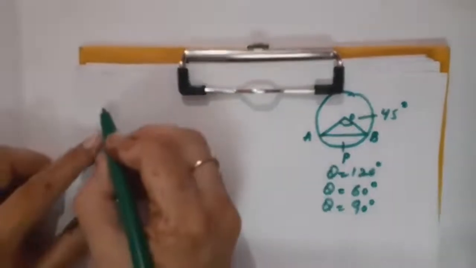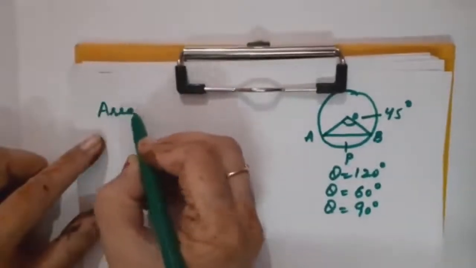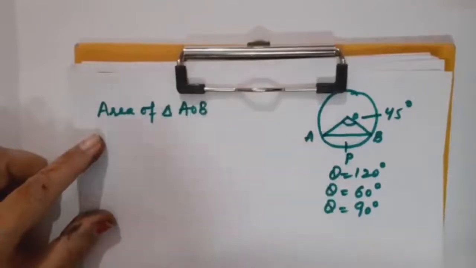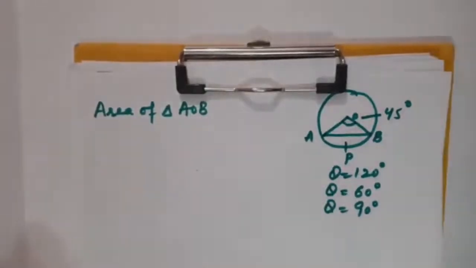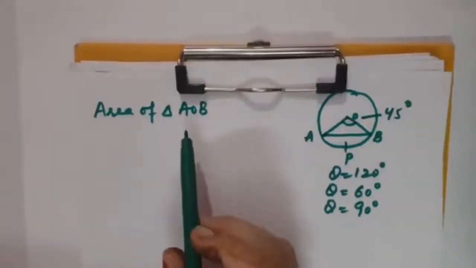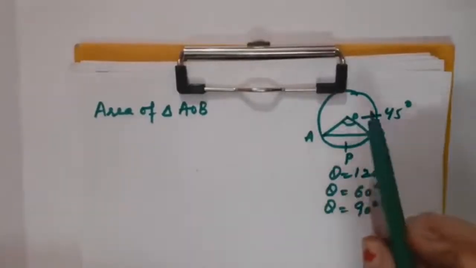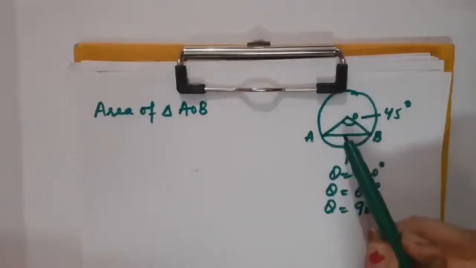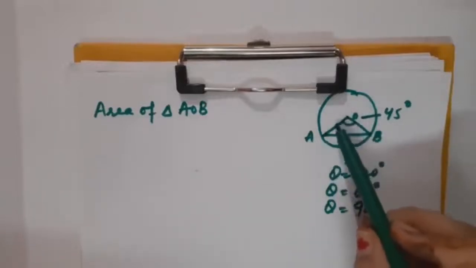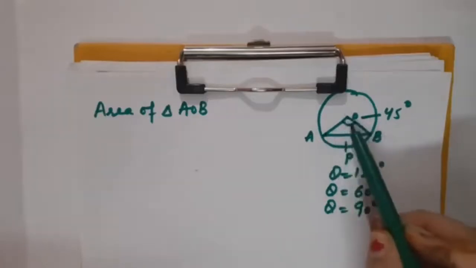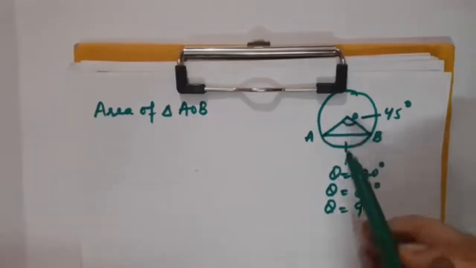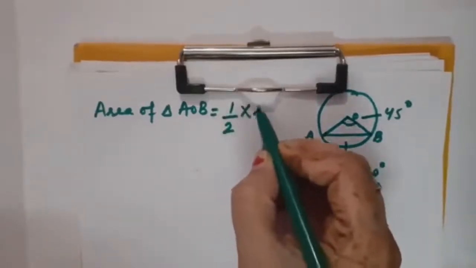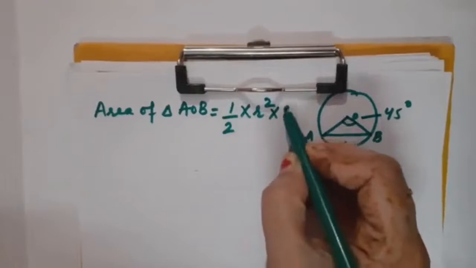This is actually the formula of the area of triangle AOB. Clear, children? But make sure this is that particular triangle only which is formed in the circle using the radii, as well as some center angle also formed. Correct? So the formula is half into r square into sine theta.